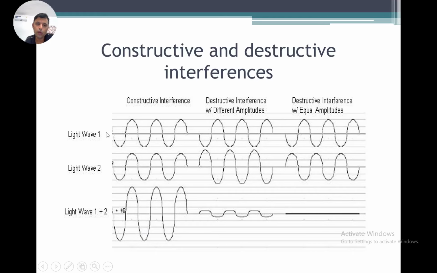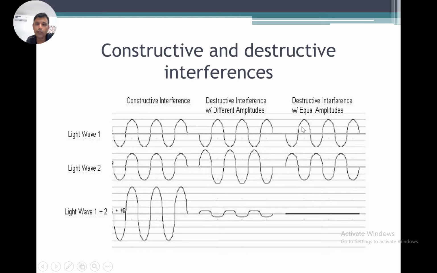Light wave 1 can be represented as the light reflecting from the fixed mirror, and light wave 2 as the light reflecting from the moving mirror. If both are in the same phase, that means the crest and trough are in matched positions, then the new radiation A and B can be joined together and will produce a high amplitude signal.